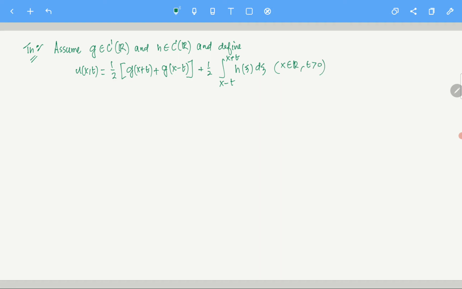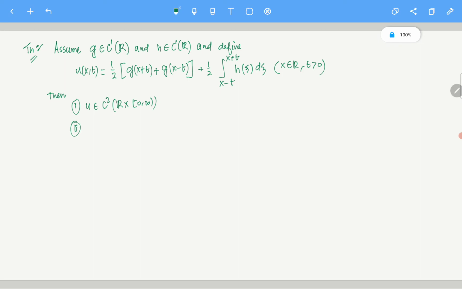If you write u of x, t like this, then u is in C2 of R cross 0 to infinity.